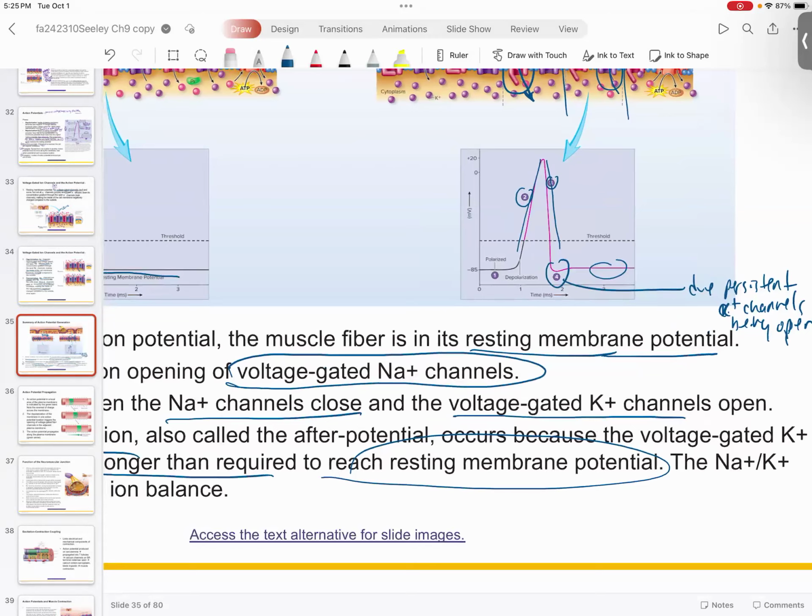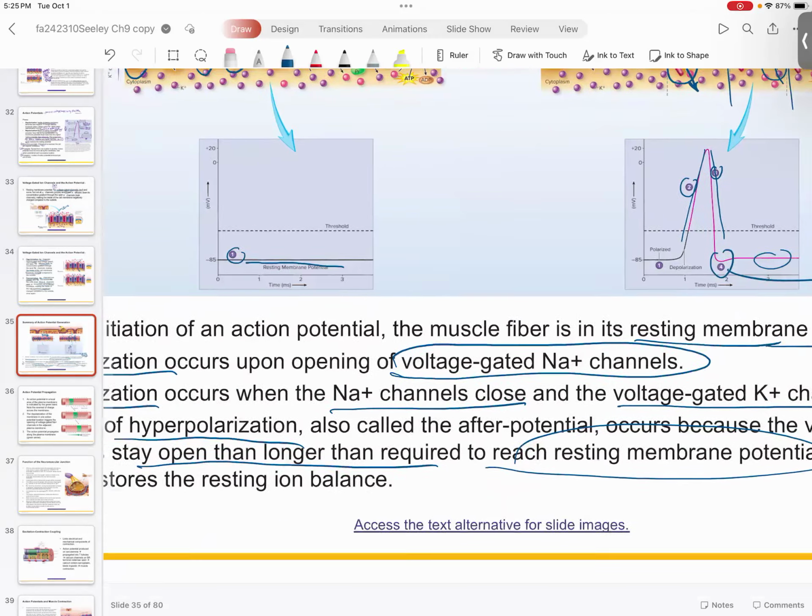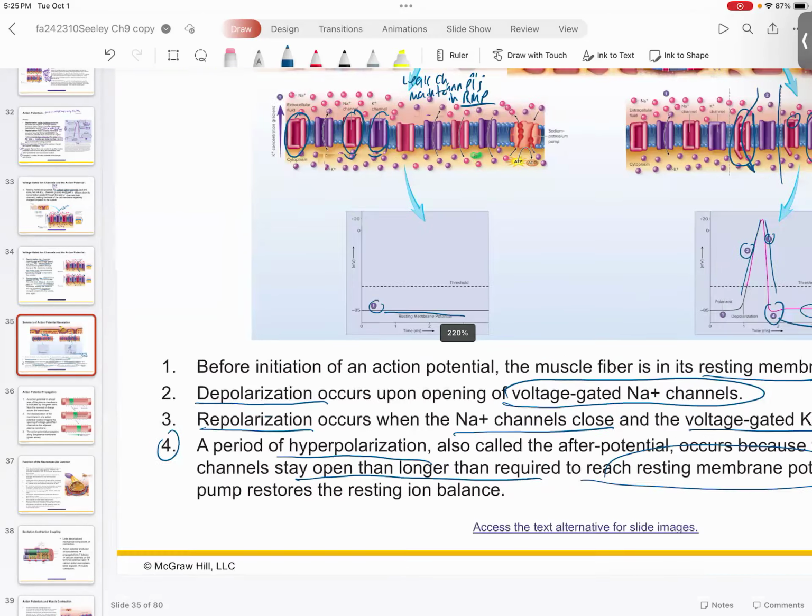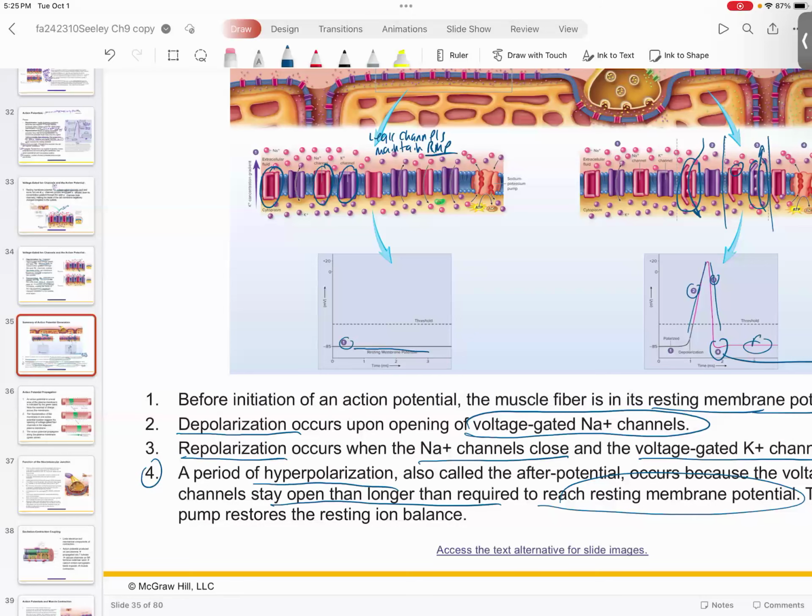And so once they all close, then our sodium potassium pump will restore the ion balance and will bring it back up to resting membrane potential. So that's basically an action potential in a nutshell, 4-step process.